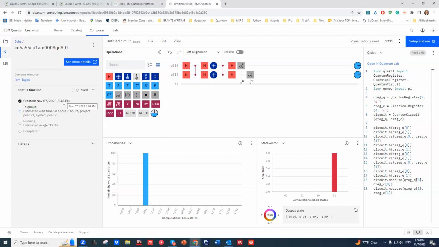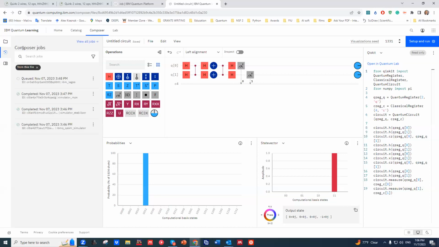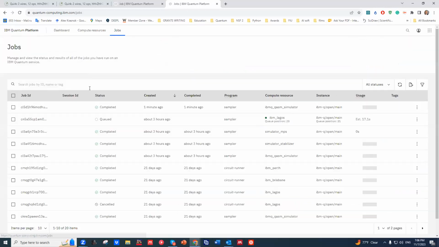Unfortunately, these days the process of using quantum computers is very slow. It requires a few hours in order to run even a simple circuit. And so maybe next time we will check out the result of this simulation. It is in the queue.